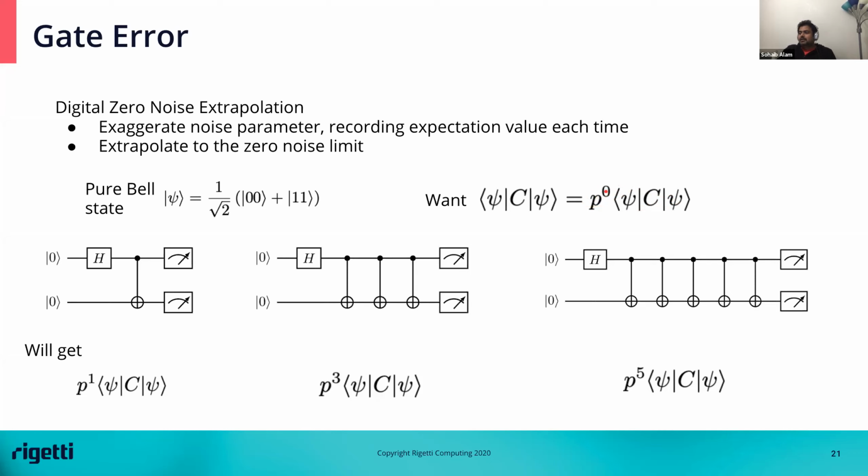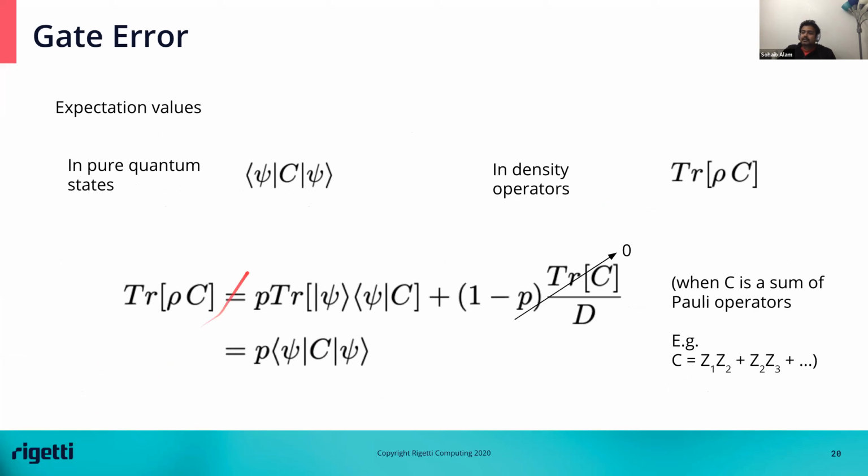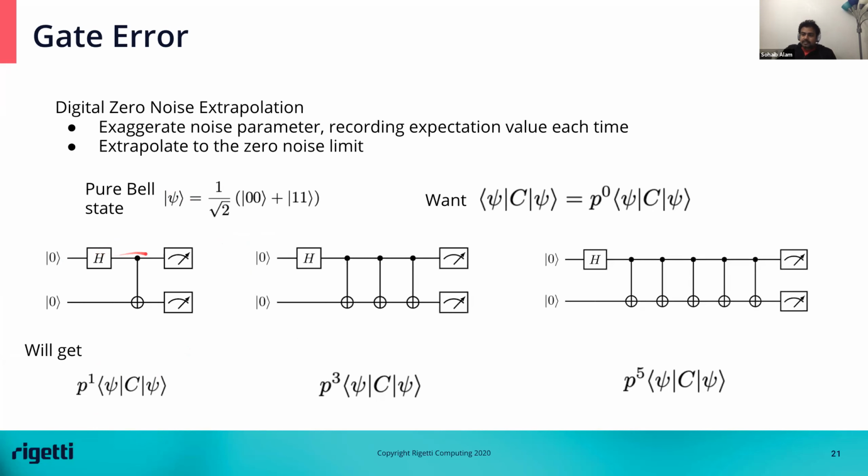But maybe this will make sense in just a bit, because if you think about it, as we just argued, if I run this particular circuit, I'm going to get p to the 1 times this expectation value, right? That's because I'm assuming that the circuit produces some ideal quantum state psi, and then afterwards, there's some depolarizing channel that happens after the 2-qubit gate. So maybe I need to say a word or two about that.